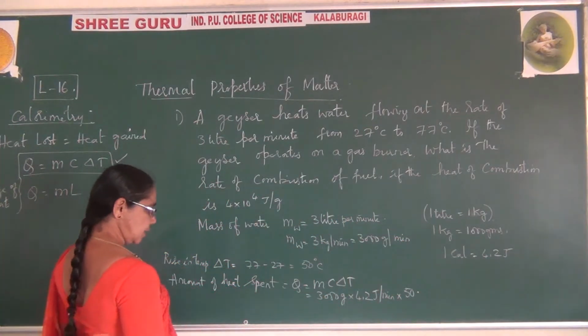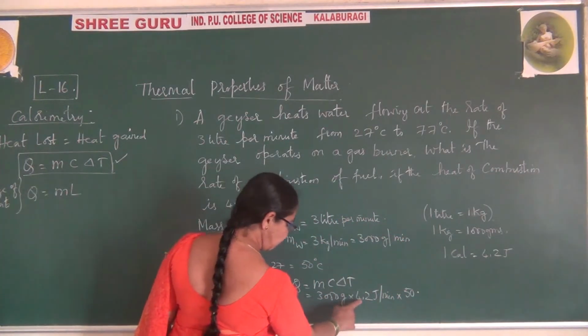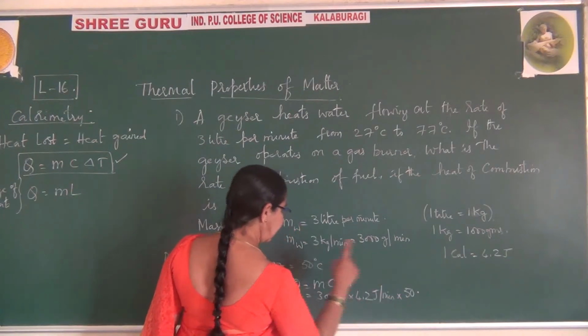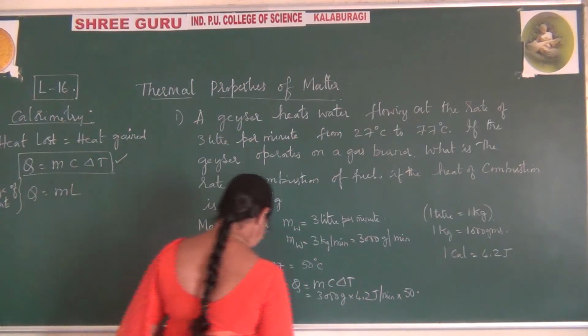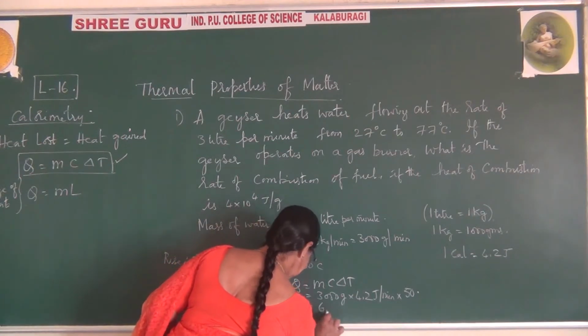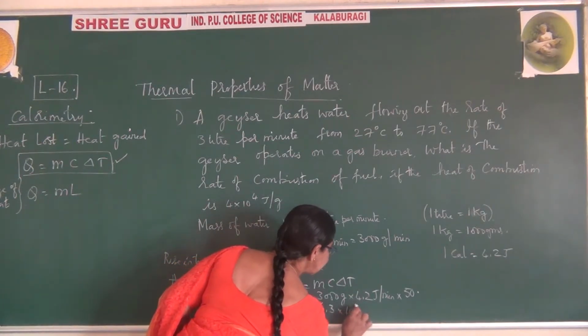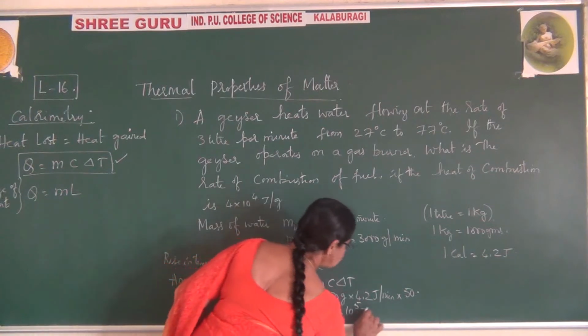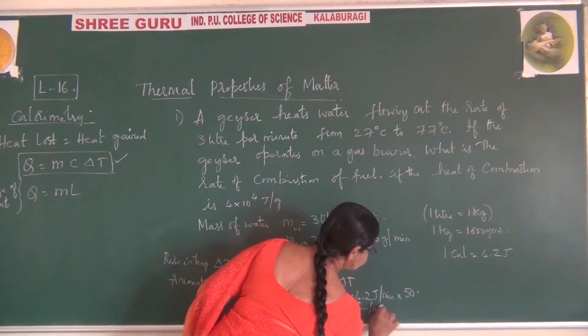So this is 3000 grams into 4.2 joules per minute into 50. Your answer will be 6.3 into 10 raised to 5 joules per minute.